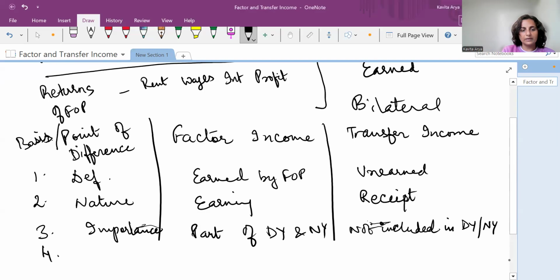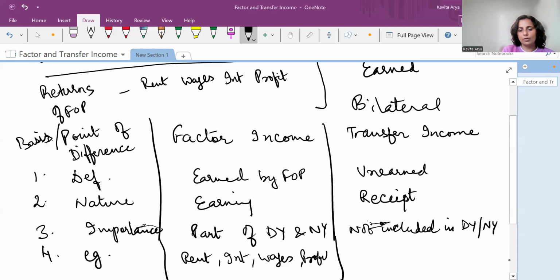And what are the examples? We have already done them before. The examples of factor incomes are rent, interest, wages, and profits.